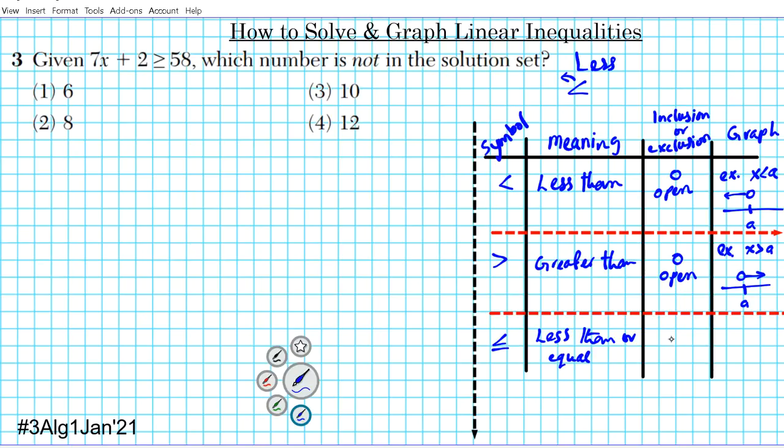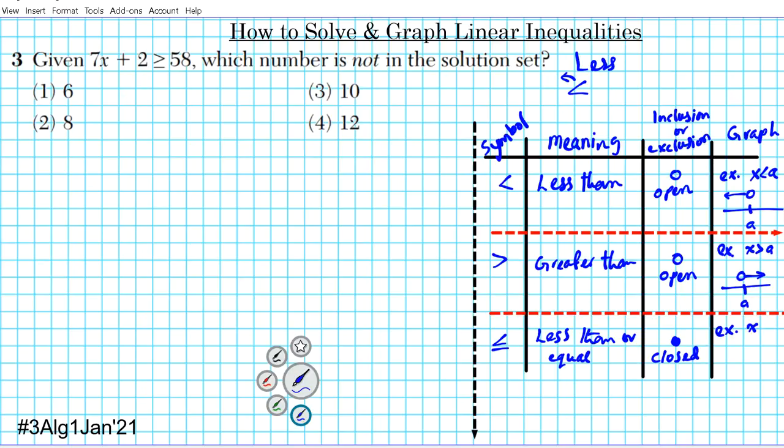And guess what? This one is inclusive, so the endpoint is going to be closed. Why is it inclusive? Because of this equal component, which means inclusion. If you don't have an equal component, the circle is going to be open. Let's look at the graph.